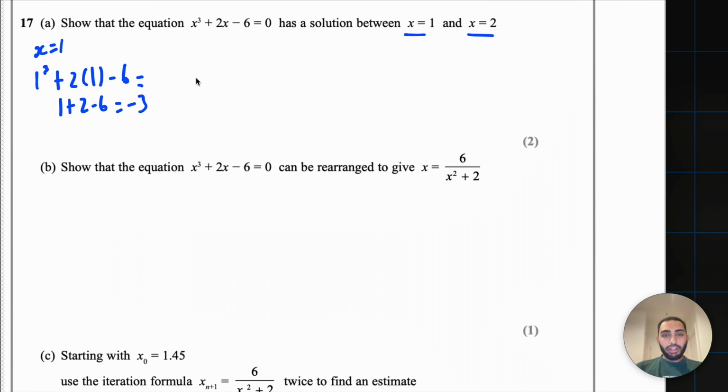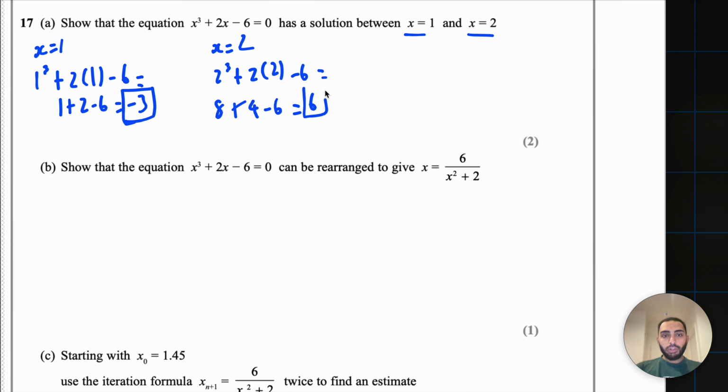So we've got a negative here. When I substitute 2 in, I'm hoping to get a positive. So x is equal to 2. Substitute that in, so 2 cubed plus 2 times 2 minus 6. See what that gives us. 2 times 2 times 2 is 8, plus 4 minus 6, that's 12 minus 6, which is 6. You can see that one of them is negative and one of them is positive.